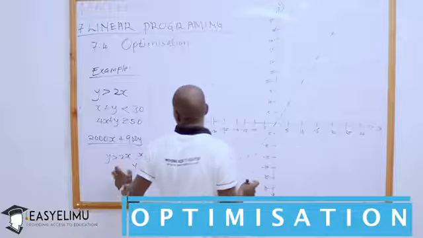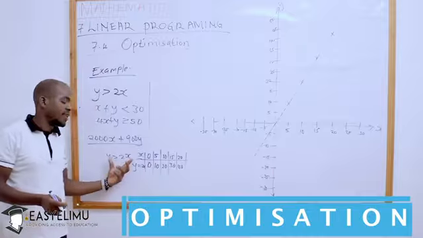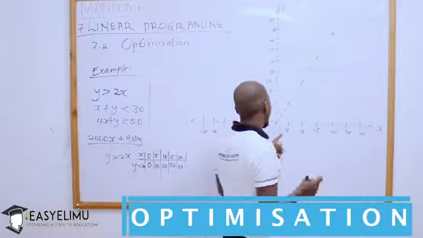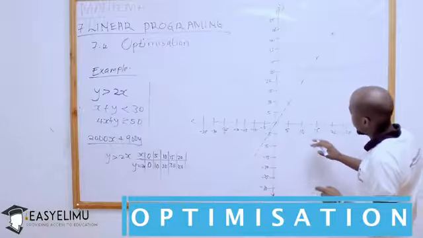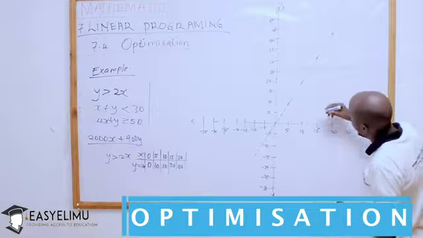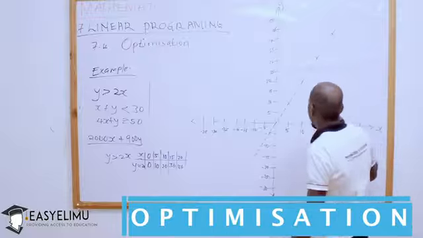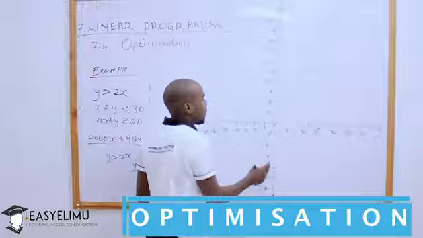To identify which side is y greater than 2x, you select any point. For example, I may select a point on this side, say (15, 5).